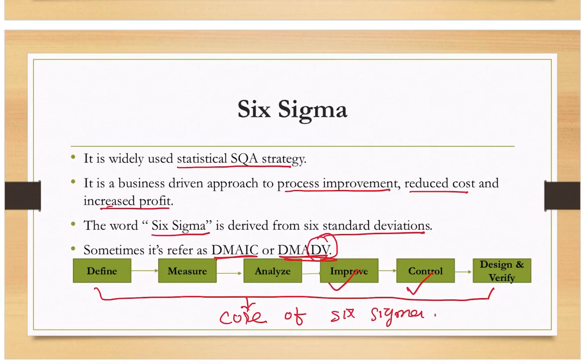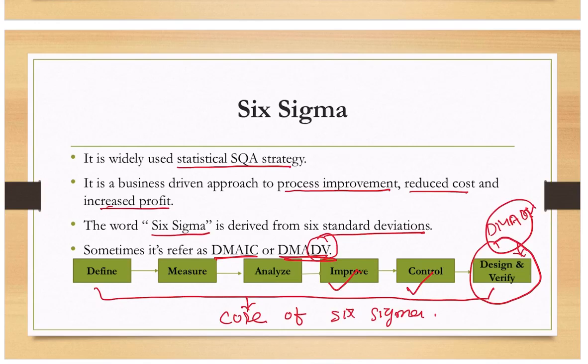D stands for define, M stands for measure, A stands for analyze, I stands for improve and C stands for control. Now, for newly developing software, some organizations suggest following two alternating steps, that is design and verify. That is why it is called DMADV, right?